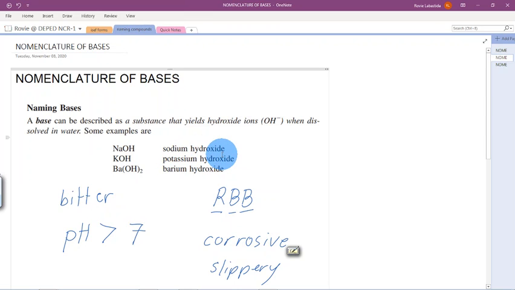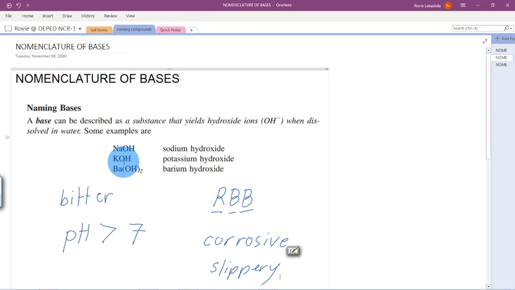So, how do we name a base? First, you have to write or mention the name of the metal in the chemical formula. Na is sodium, right? And then add the word hydroxide. So this one is sodium hydroxide.